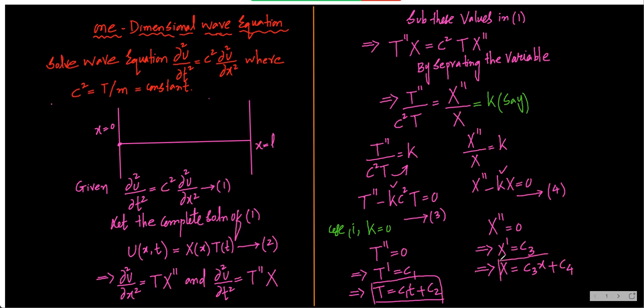We got it. So when k is equal to 0, we got the solution of our equation number 1, the X value and T value. So hence the complete solution we write.